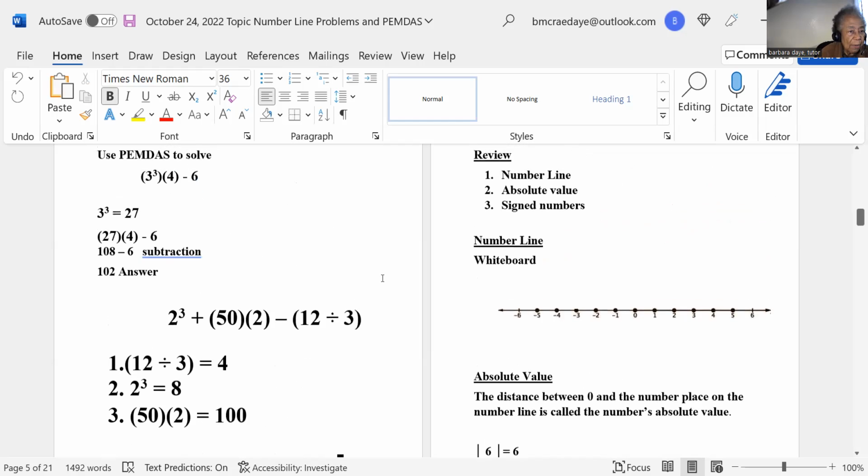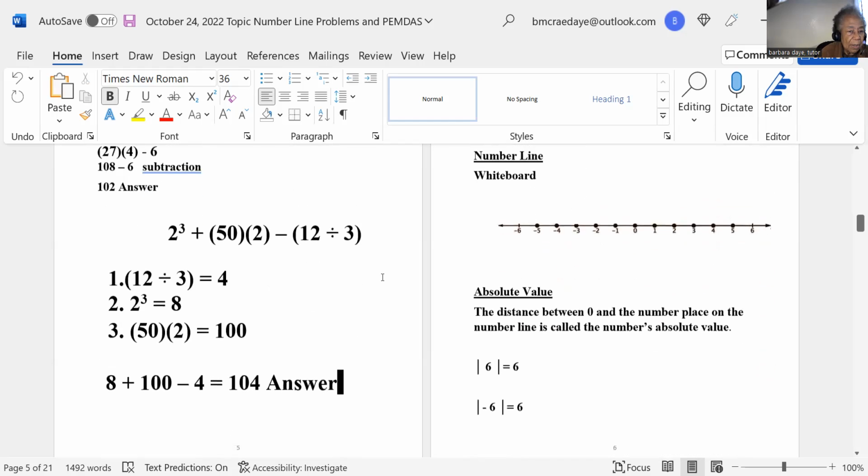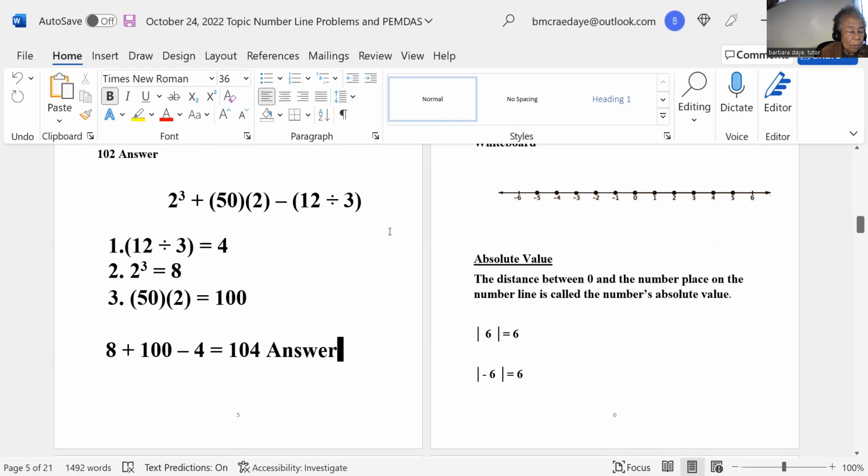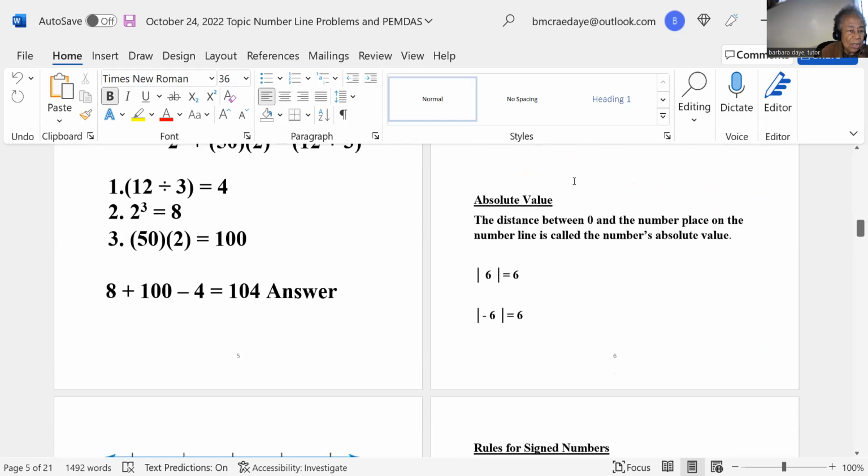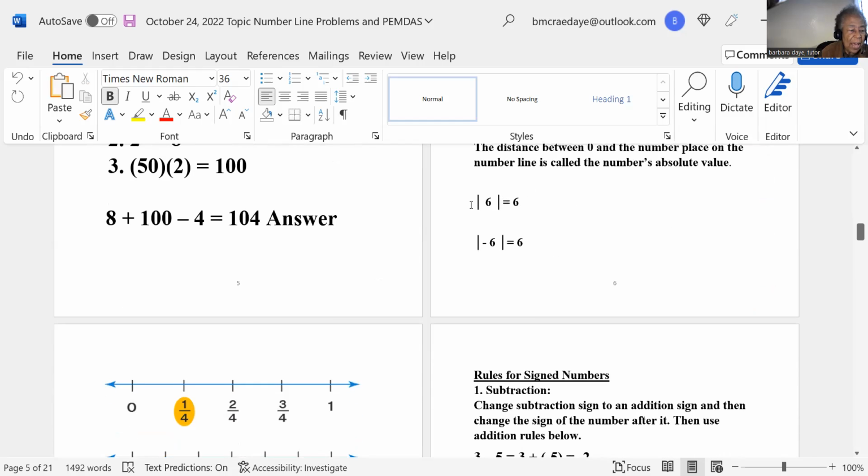Very good. Now, we did the number line. I just want to make sure you understand absolute value. You put a number between two vertical lines. Absolute value of 6 is 6. Absolute value of -6 is 6.